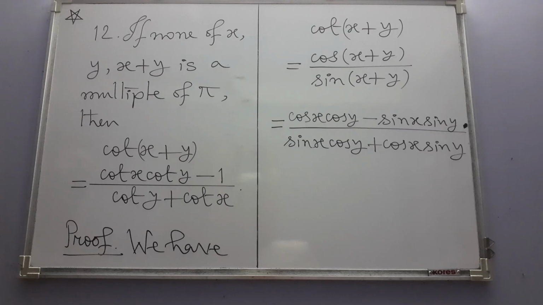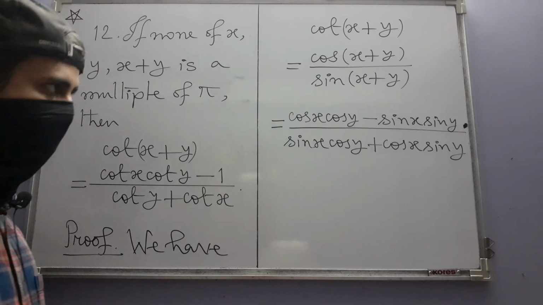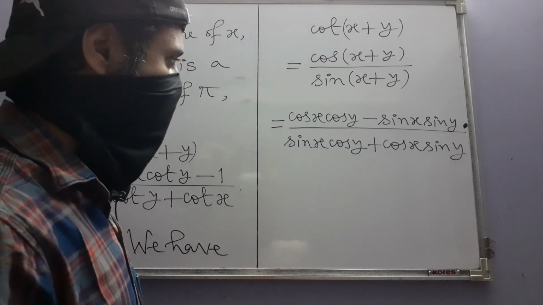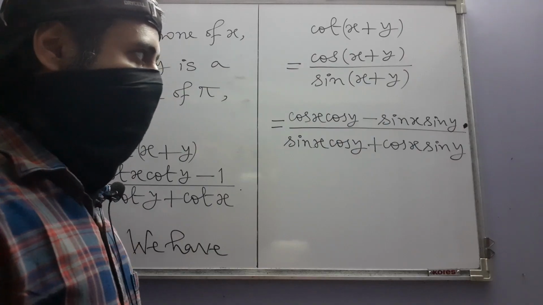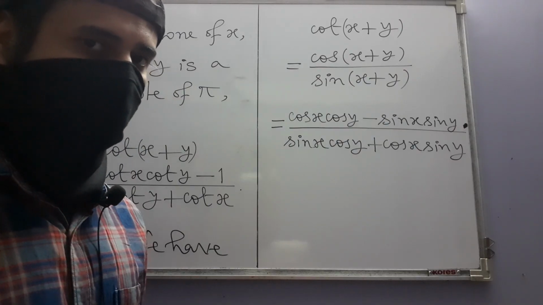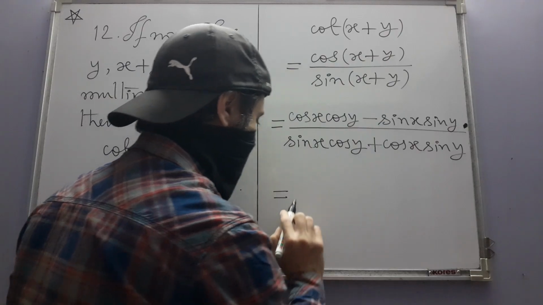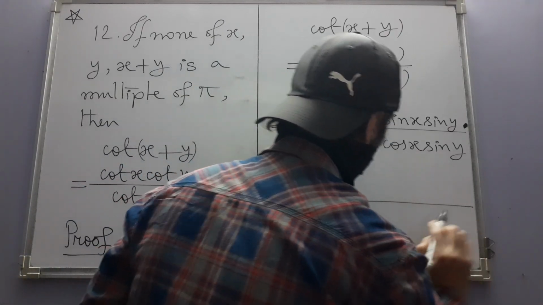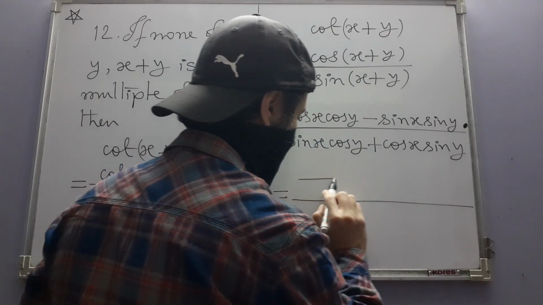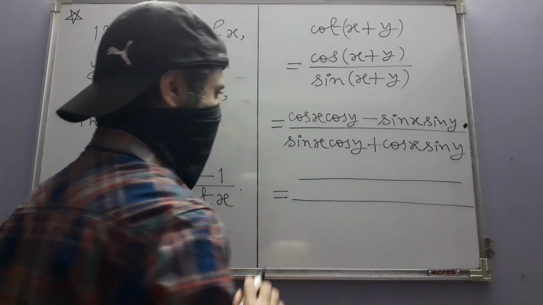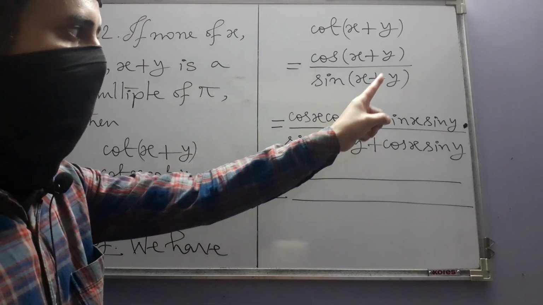Okay. Now in order to get cot again from this, we have to divide by sine. So in the next step, that's what we do. We divide both the numerator and denominator by sin x sin y.